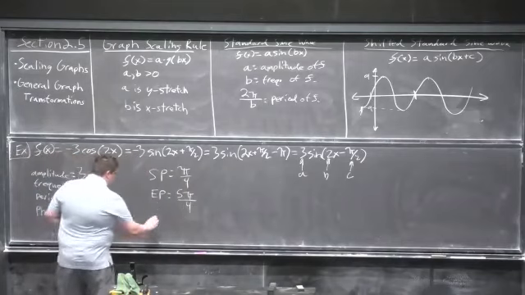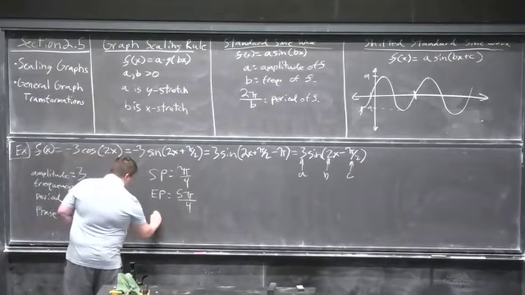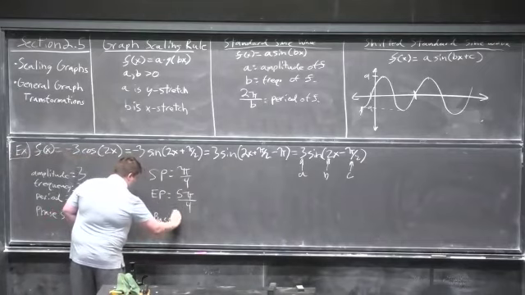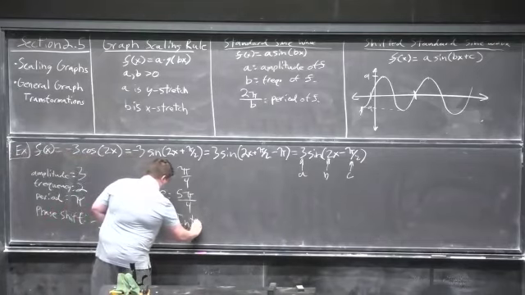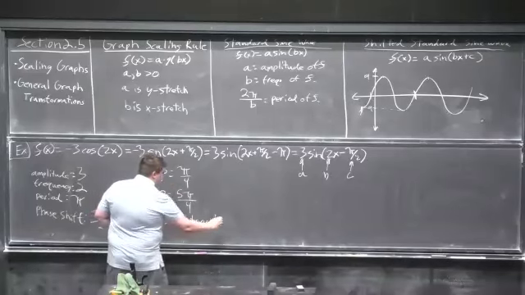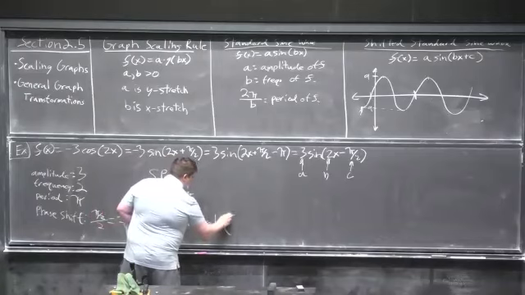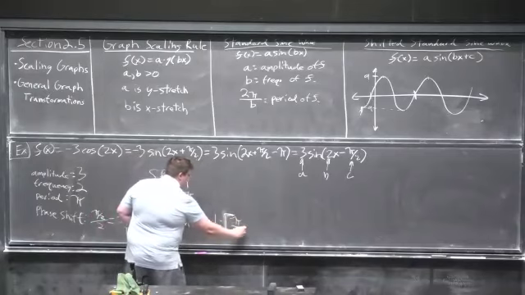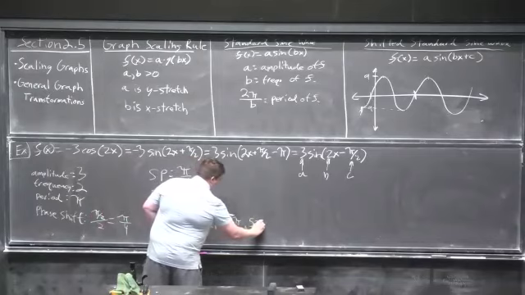And then when I put them together, I'll get my base interval, which is, this will be a bracket, from pi over 4 to 5 pi over 4.